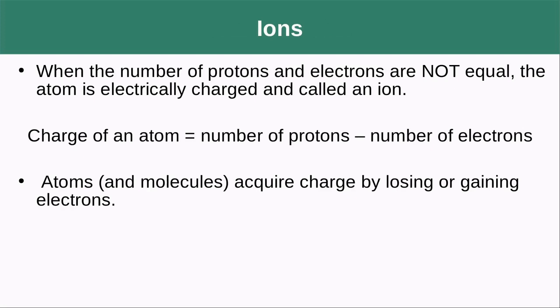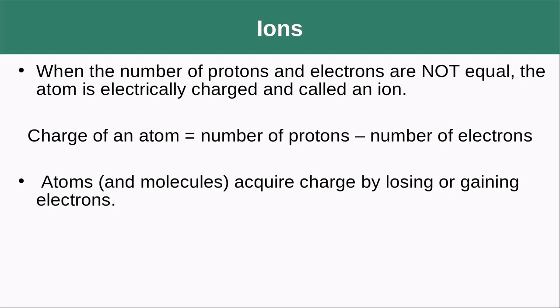So when the protons and electrons are not equal, the atom is electrically charged, and we call this an ion. We can figure out what the charge of that atom is by taking the number of protons minus the number of electrons. You can see that if there's more electrons, we're going to get a negative charge. If there's more protons, we're going to have a positive charge.